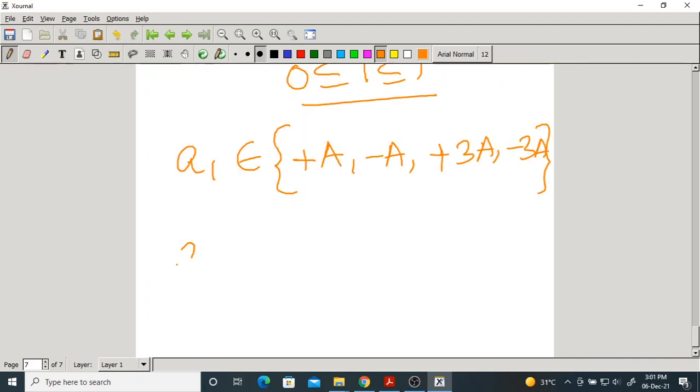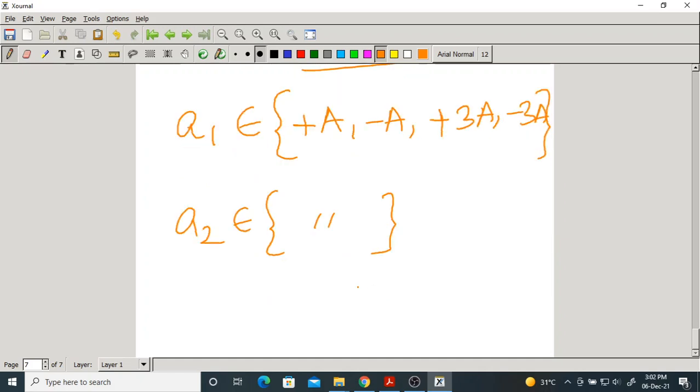Similarly, what is A2? A2 is also the same. Now we got A1, A2. But what is S of t?